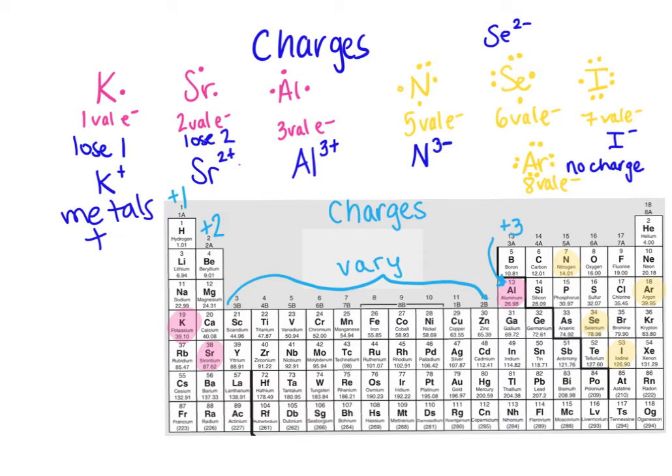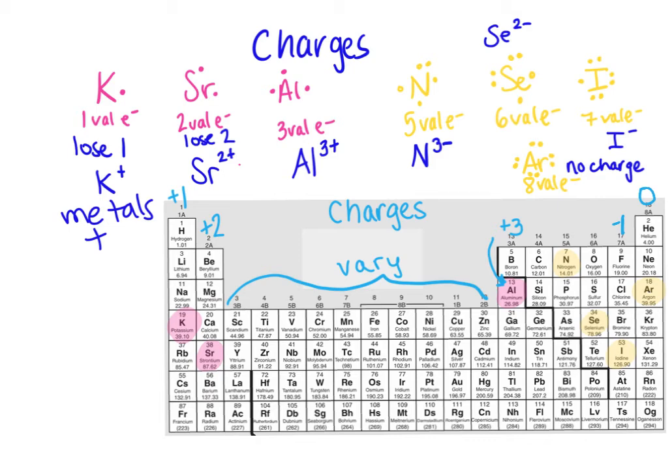All right, so let's go to nitrogen. Nitrogen, we said up here, has a -3 charge. Selenium has a -2. Iodine has a -1, so you can kind of see the pattern, and argon has no charge. So I usually start from the right and say, okay, my noble gases are not going to have a charge. It's going to be 0. And then I just kind of count backwards. My halogens, they're going to be a -1.